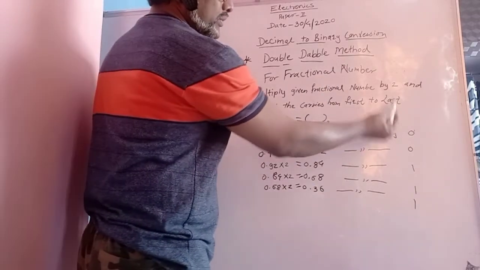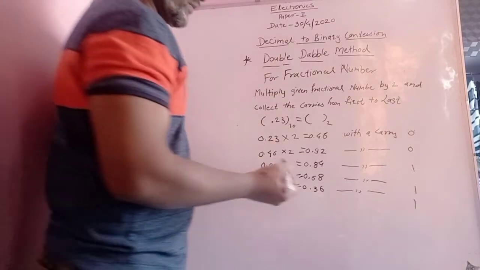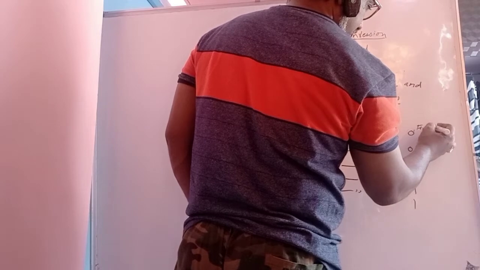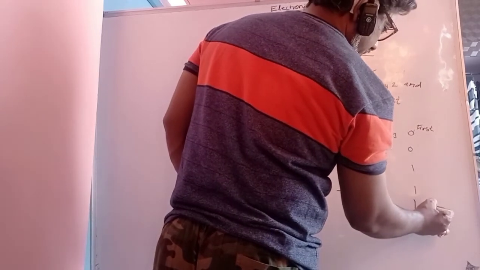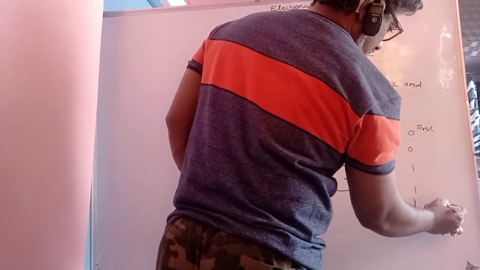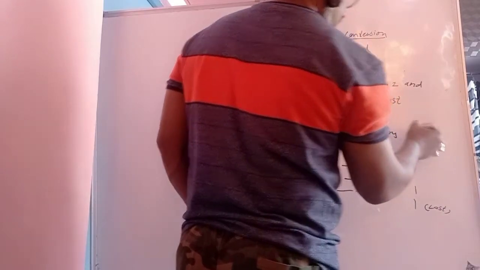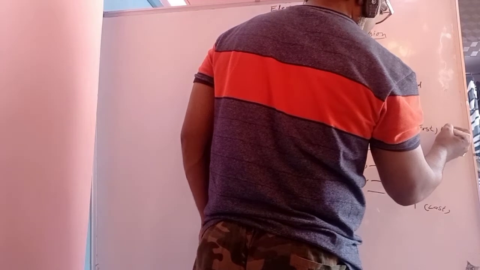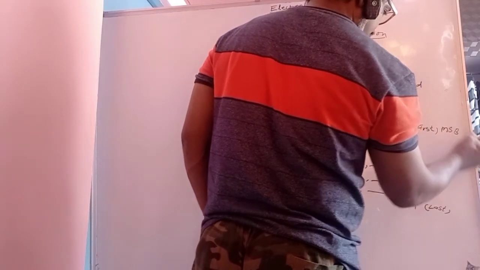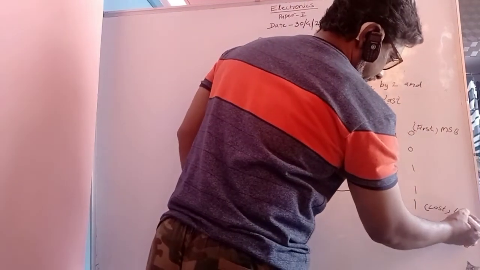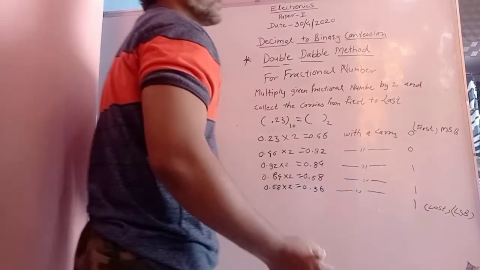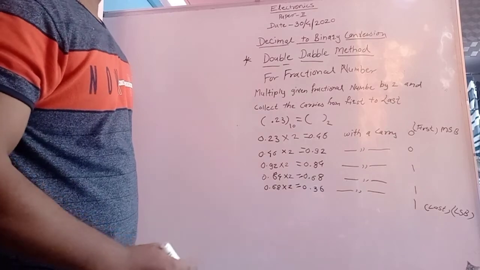from first to last. Okay, so this one is the first carry and this one is last. So this first carry is MSB, most significant bit, and this one is LSB, least significant bit.